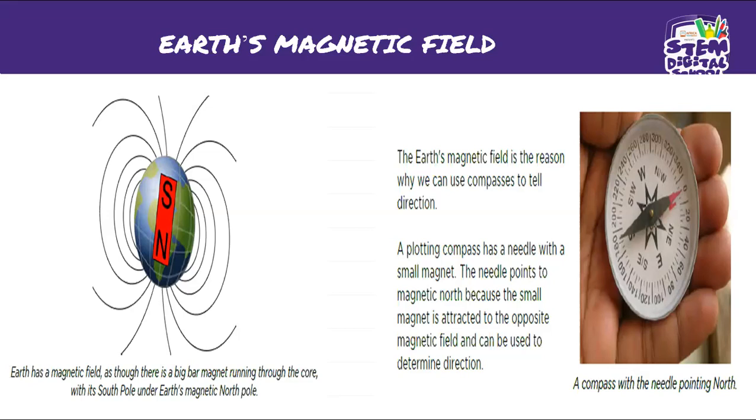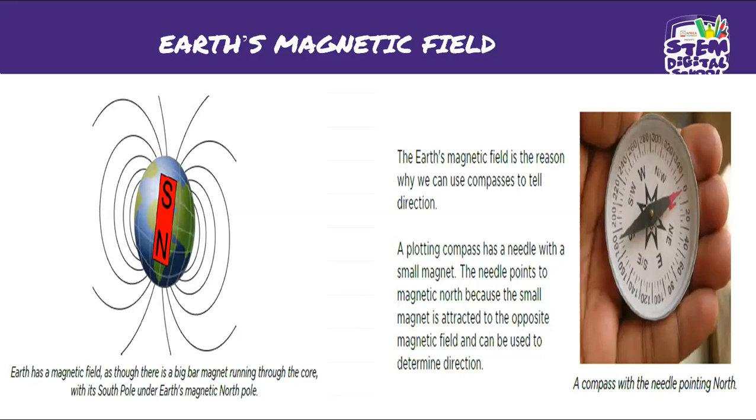The Earth's magnetic field is the reason we can use a compass to tell direction. The plotting compass has a needle with a small magnet. The needle points to magnetic north because the small magnet is attracted to the opposite magnetic field and can be used to determine the direction.